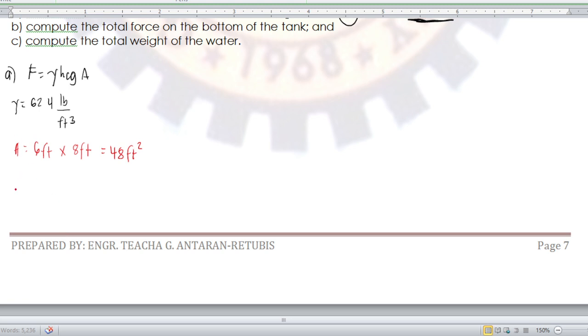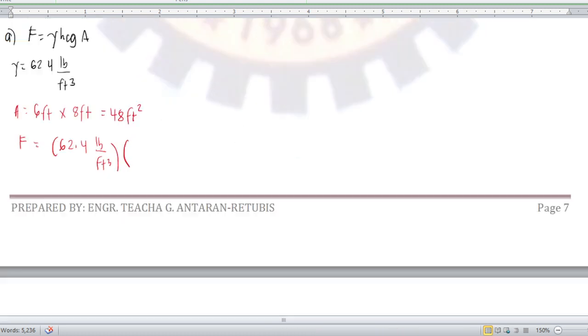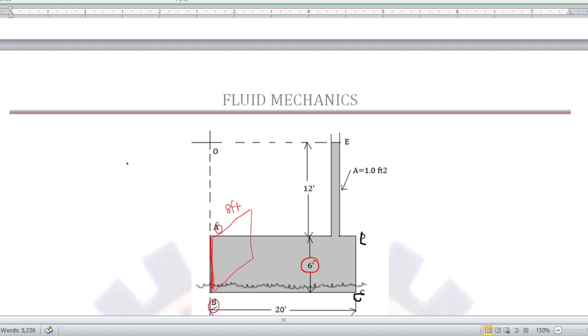Okay? So substituting, class, we have 62.4 pound per cubic foot times HCG. By the way, we don't have HCG yet, the location of your center of gravity from the free surface. Now, where is the free surface here? This is our free surface, this one. So from here, going to the center of gravity of area AB. Since this is rectangular, the location of your center of gravity is right here, this one.